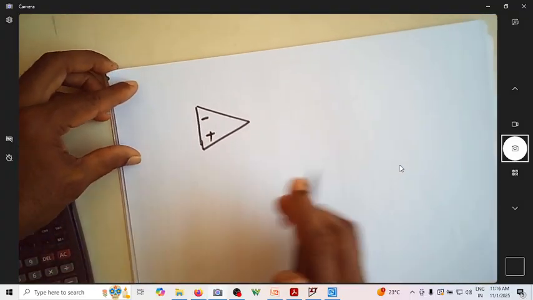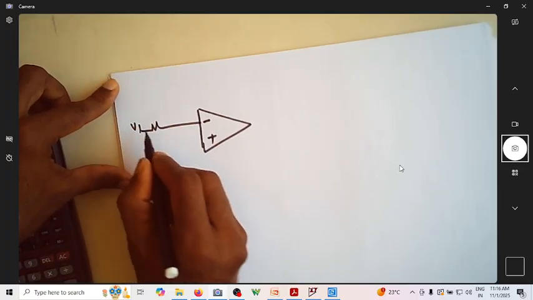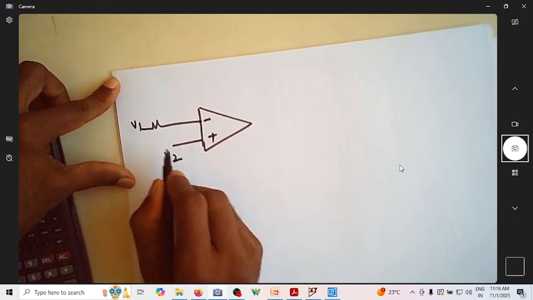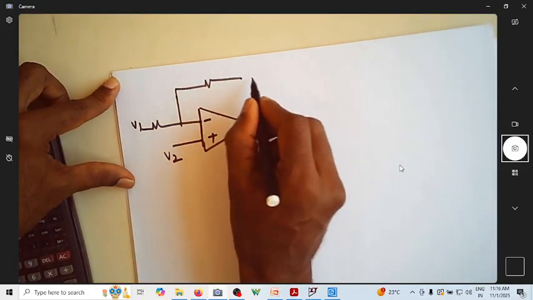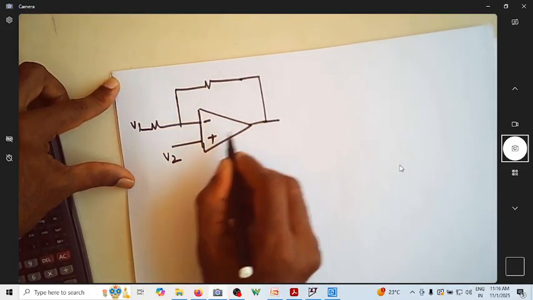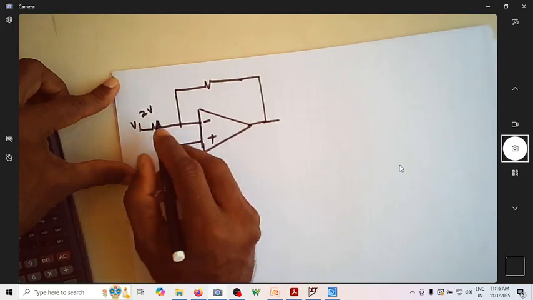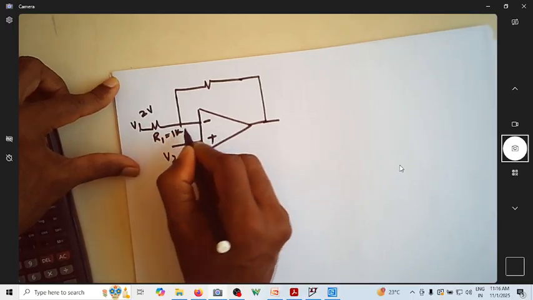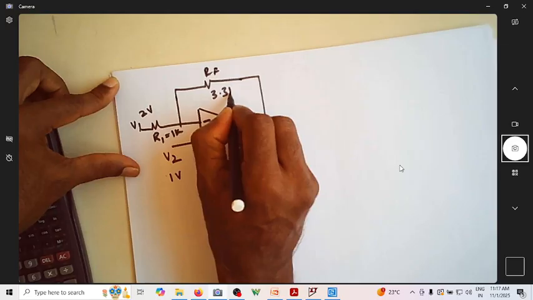Now we will see a different case where you have input applied to this as well as input applied to this. So I'm applying here as well as here. So let us consider this as 1 volt, this as 2 volt, and let us assume R1 is equal to 1k and RF is equal to some 3.3 kilo.